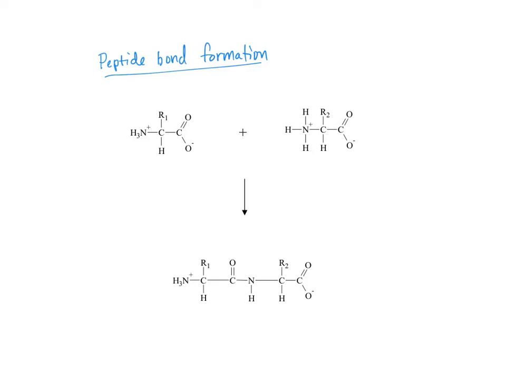In order to link two amino acids together, we have to bring the carboxylate of one close to the protonated amine of another. And when we do so, we can circle atoms that add up to a water. Let's mark off 2 hydrogens and 1 oxygen.